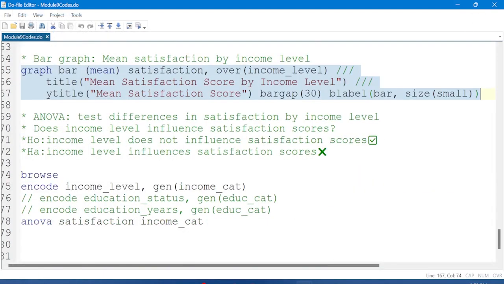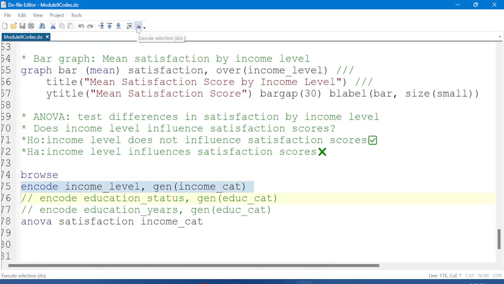We need now to encode our data since the income level is in character format, so we need to encode it to factor format. So we encode first, and then we run our model.